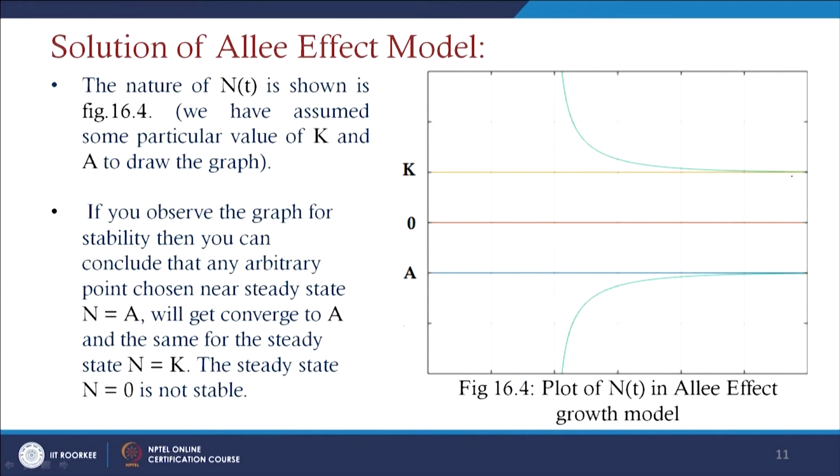And if you observe the graph for stability, then you can conclude that any arbitrary point chosen near the steady state n equals a will converge towards the point a, and the same for steady state n equals k also. And the steady state n equals 0 is not stable, since if n equals 0, then there is no growth rate or no decay rate, since no population is present there.